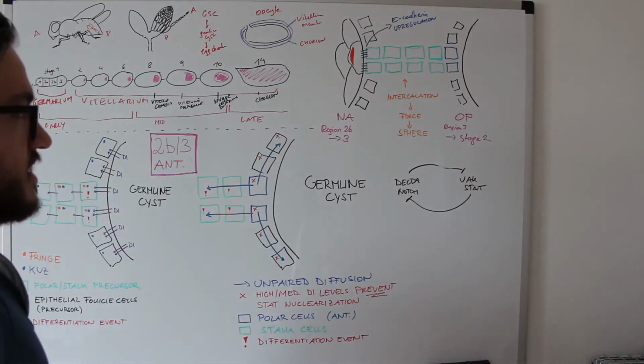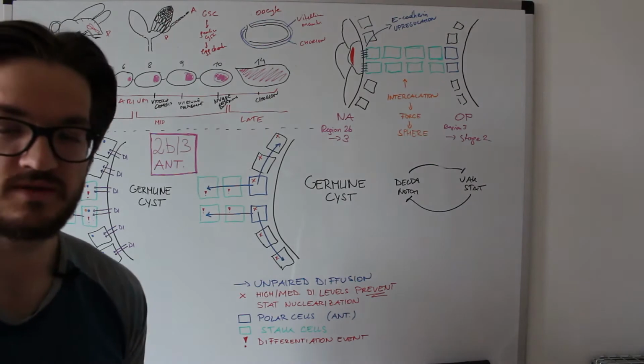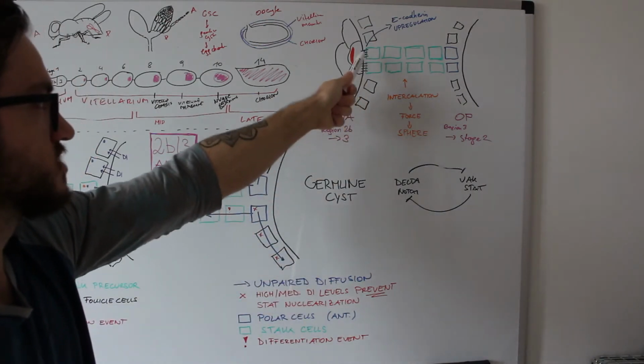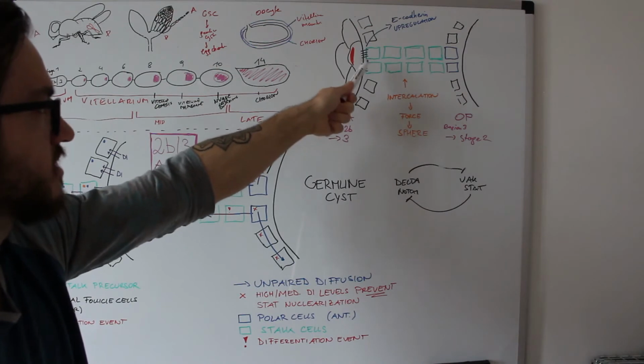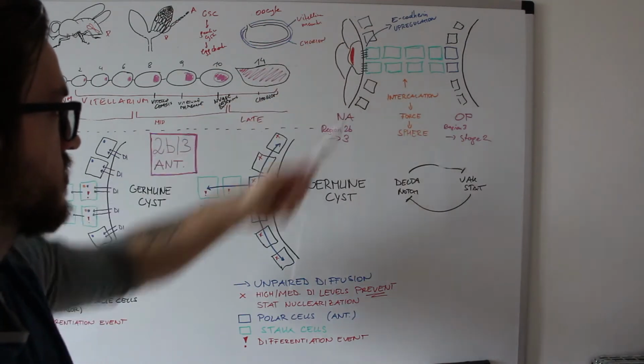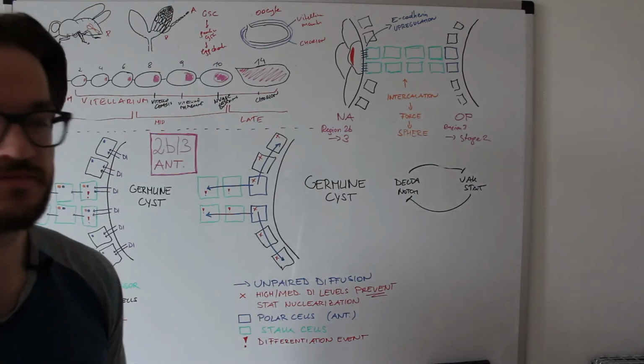That means they upregulate E-cadherin adhesion protein in these 2, and that's why these 2 cells have higher levels of E-cadherin than these black cells, the epithelial follicle cell precursors.